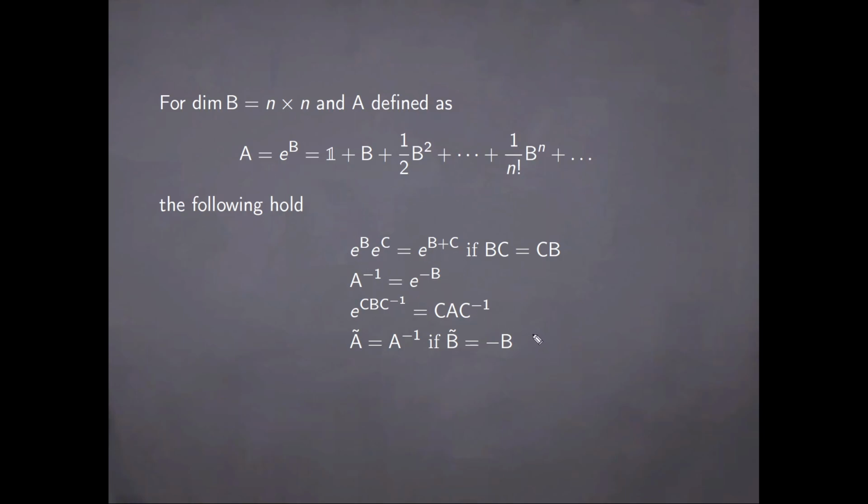All of them follow quite naturally, and this kind of representation is useful when working in a slightly more abstract context, namely with the matrices B being the elements of a Lie algebra. And this kind of representation of the exponential of the matrices will define the elements of an associated Lie group, which are the matrices A, and this is something that we will return to at various points in these discussions.